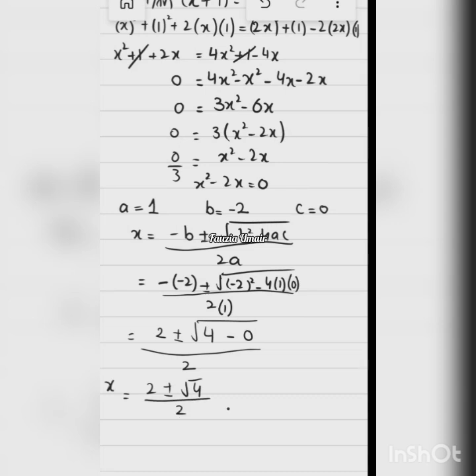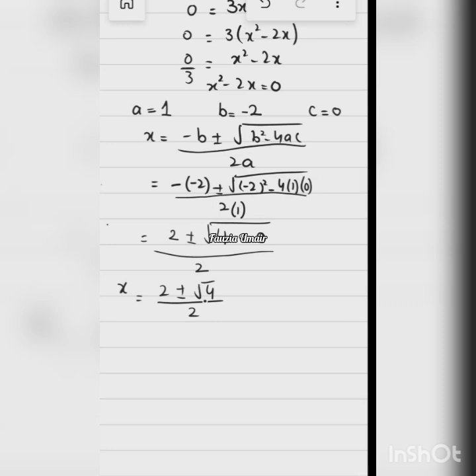So x is, what is square root of 4? So it's basically 2 plus minus 2 by 2. Because it's a quadratic equation, we are expecting two values. One time you will put positive value and other time you will put negative value.